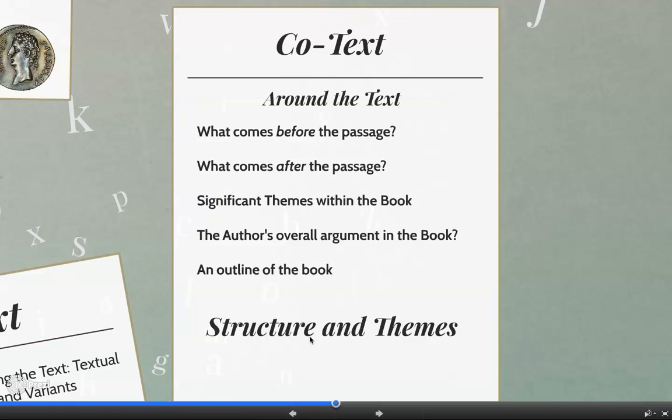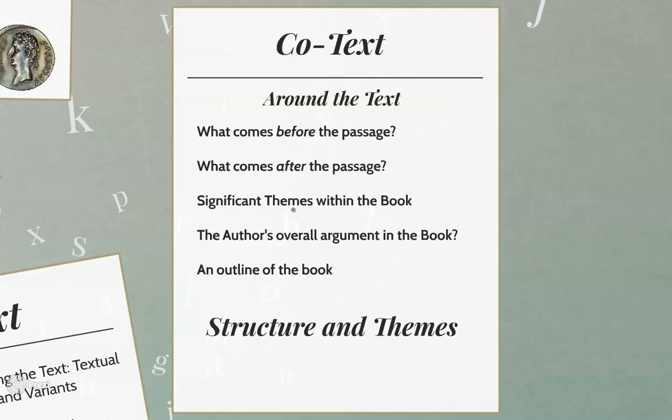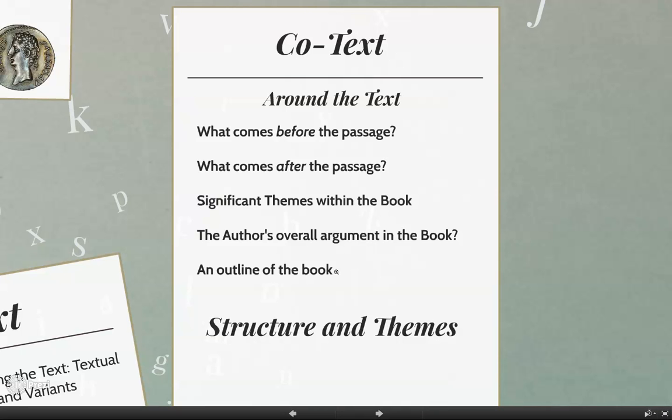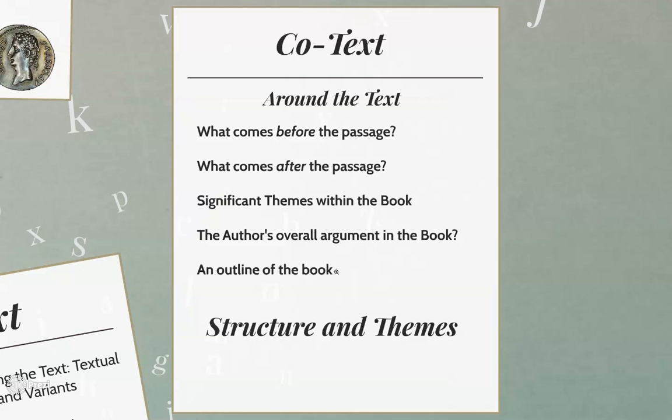In other words, are there significant themes within the book as a whole that your passage in particular deals with? Is the author's overall argument of the book coming out more specifically in this passage? And where does this passage fit in the overall outline of the book? Is where it's placed in the book significant to how we interpret the passage?